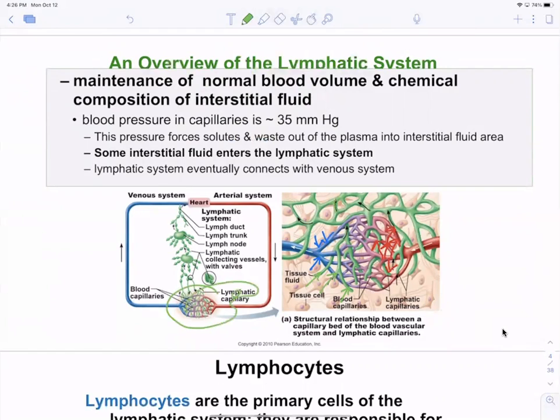So these lymphatic capillaries originate in tissue beds, or interstitial beds, right?